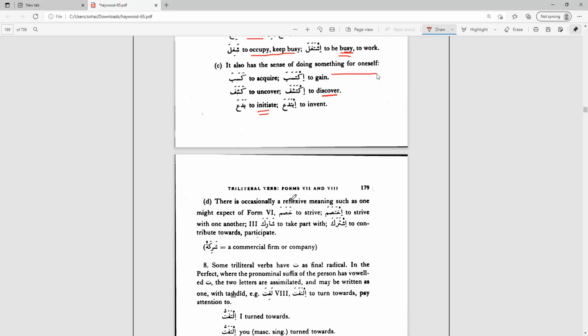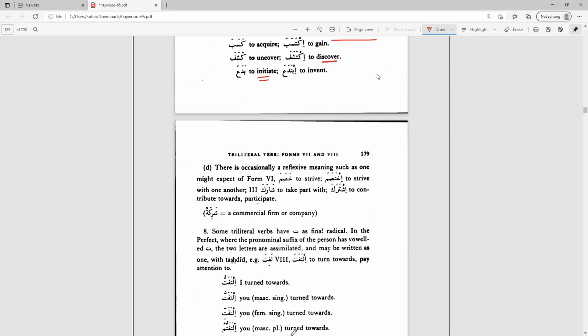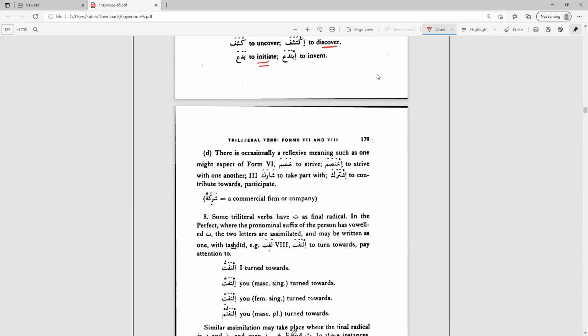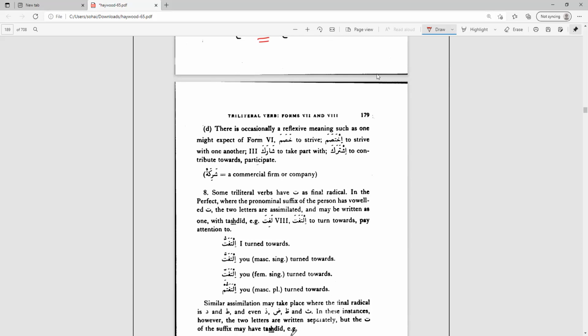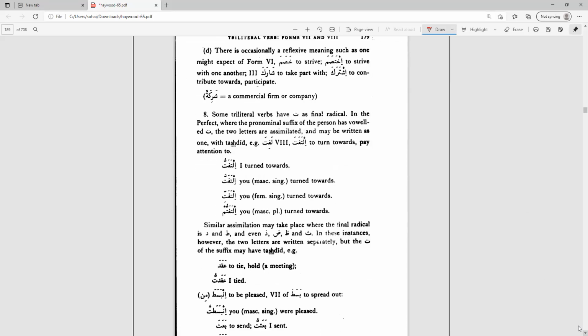Okay, so form part D. Its meaning is diverse, so that's why it's still talking about this. There's occasional reciprocal meaning.